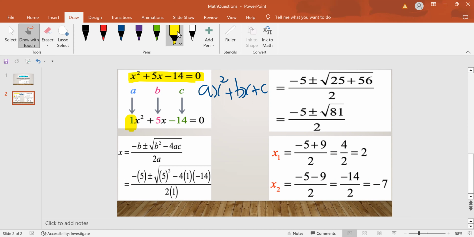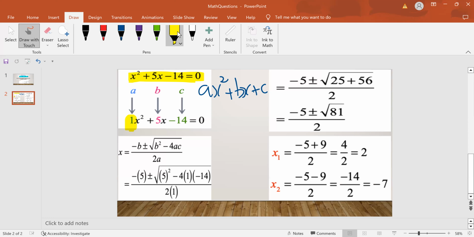It doesn't matter the variable they use. What you have to understand is that the number in front of the variable squared is the a. If you don't see any number, that means there is an invisible 1. Don't think a is 0. No, a is not 0. A is 1.